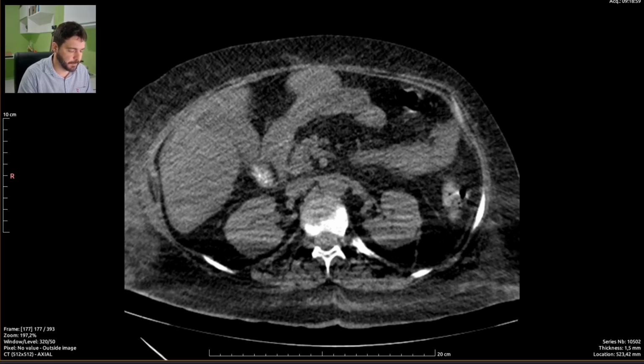There is steatosis, gallbladder stones, spleen, adrenal glands and pancreas are normal, kidneys are normal, atherosclerosis of the aorta.